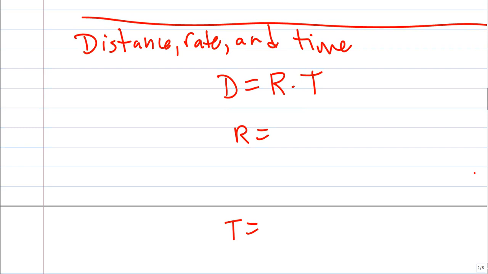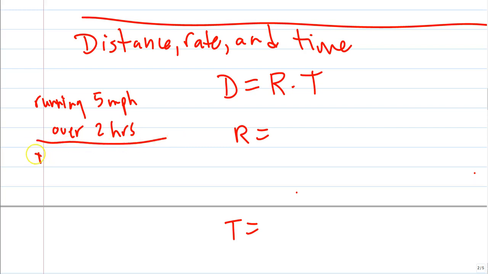Next I want to talk about just dirt. This is the way I've heard it referred to in the past. Distance equals rate times time. We do this naturally, and I want to just take a second. If we had a person who was running, let's say 5 miles per hour, and they ran that for 2 hours, what would the distance be that they traveled?